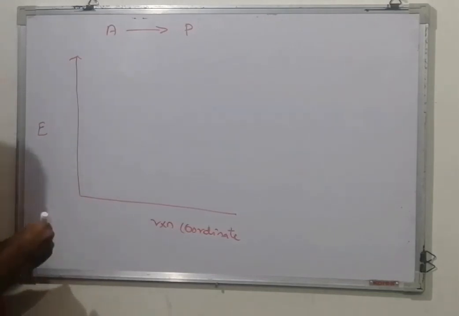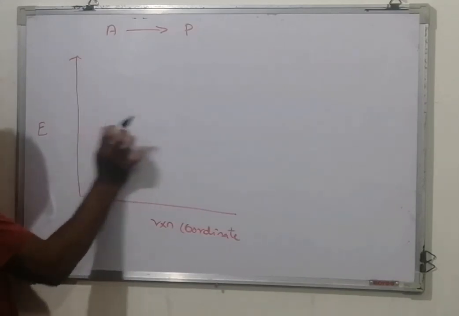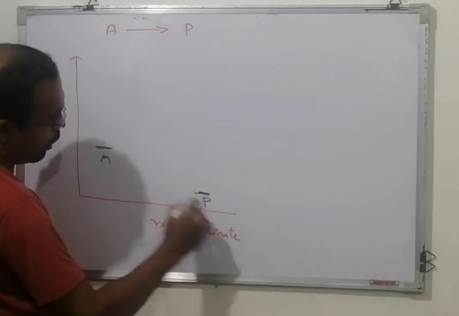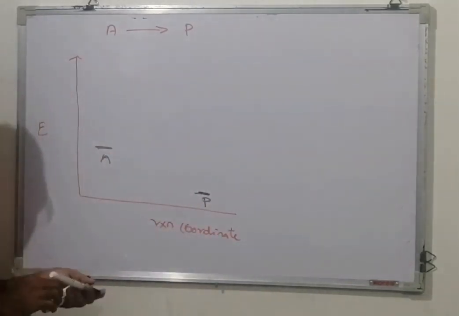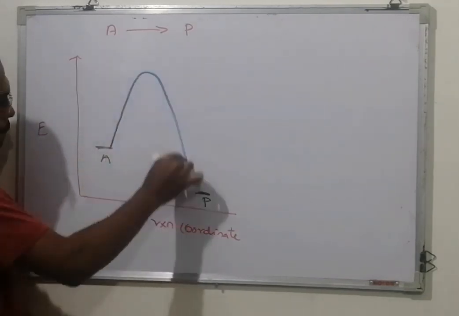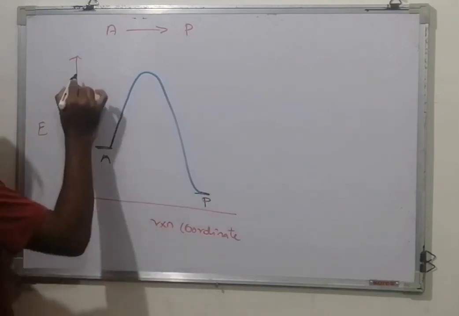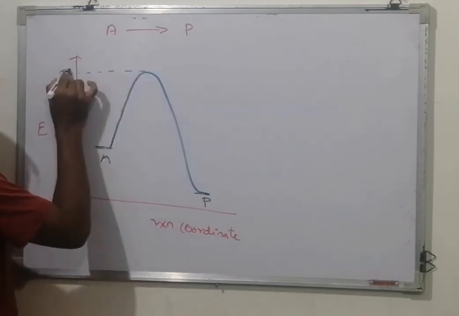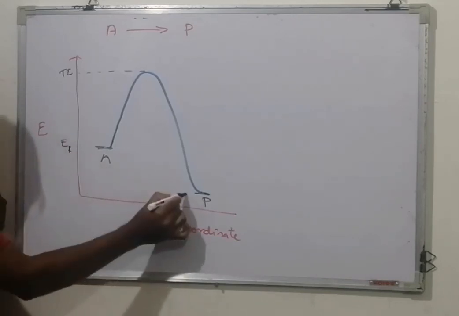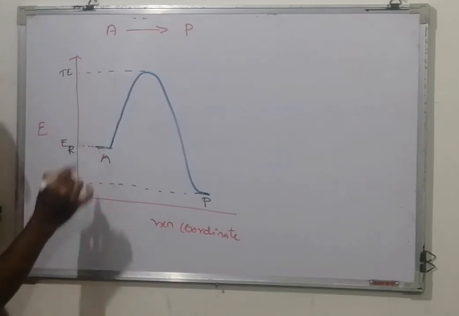Now, suppose here is A, and here your product P. You know, the reaction will be like this. This is our energy barrier and this is called threshold energy. This is the energy of reactant and this is the energy of product.